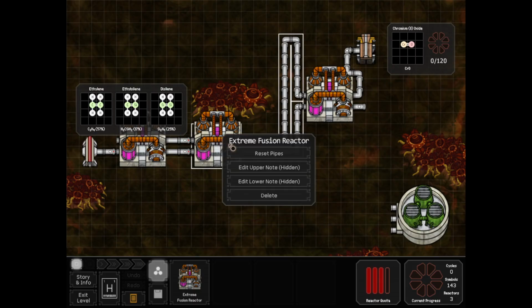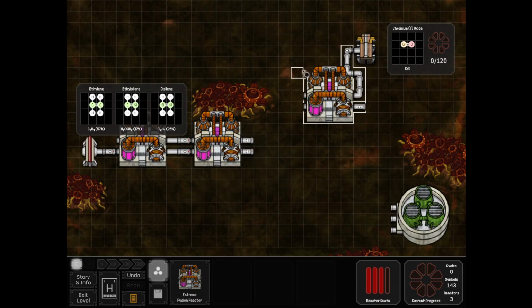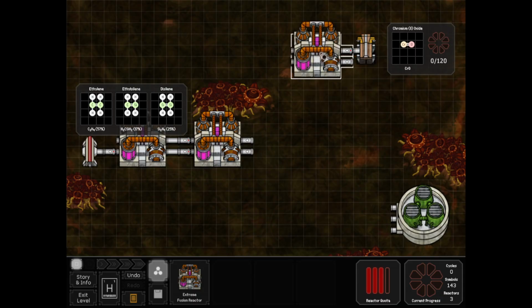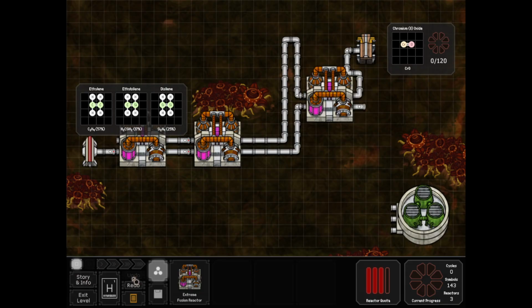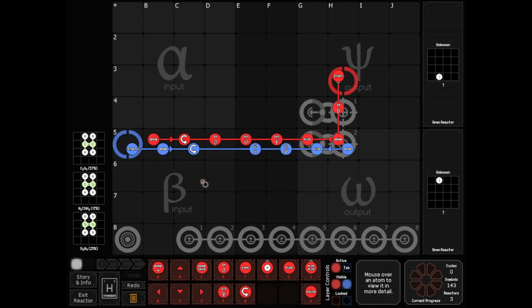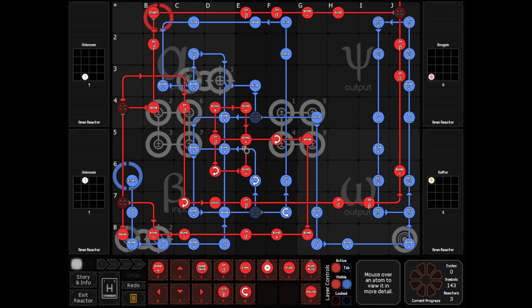So, like, if we were to get rid of these, no, you can mirror the first pipes through there. You should mirror the first two reactors so that the short pipe that's now on the bottom can be the top one.